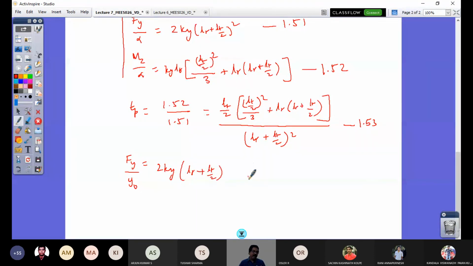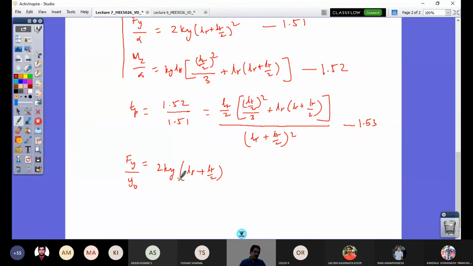So for the given tire on my hand, if I have this non-rolling tire data, what is my simple test? Load the tire and pull the platform in the lateral direction. You would get y naught. So whatever force Fy that you put, that force by y naught would give me this expression. So in this I have Ky. So let this equation be numbered.